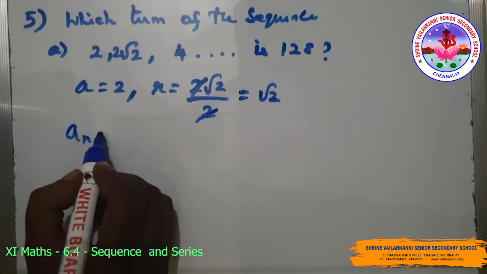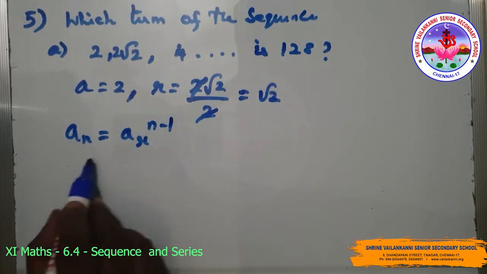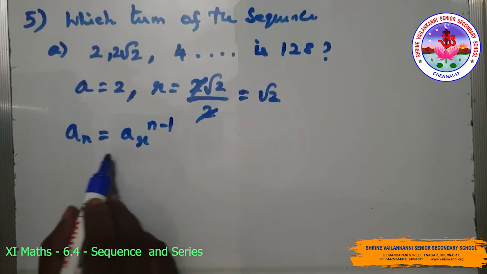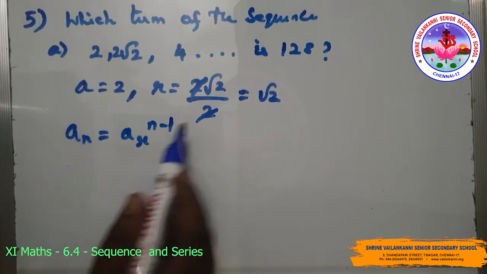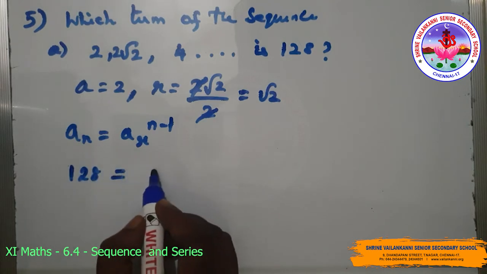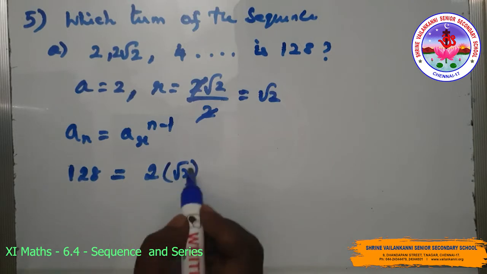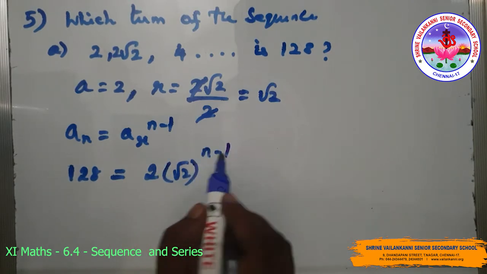Then the general term of a GP is a_n equal to a r power n minus 1. Substituting the values, the last term is given as 128. So 128 is equal to a, which is 2, and r is root 2, whole power n minus 1.